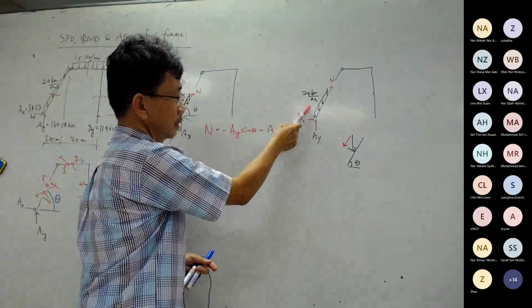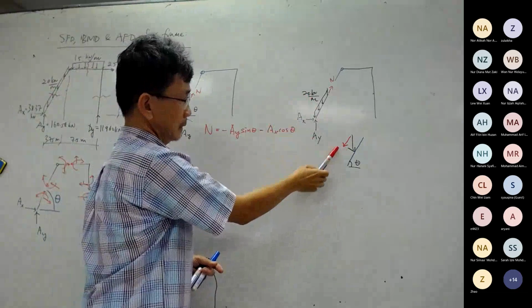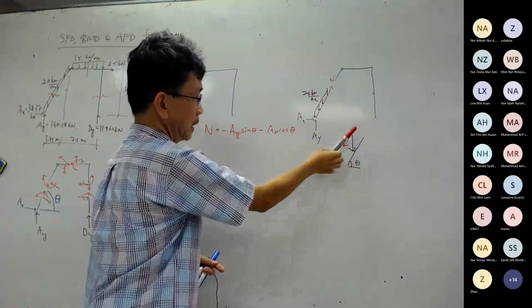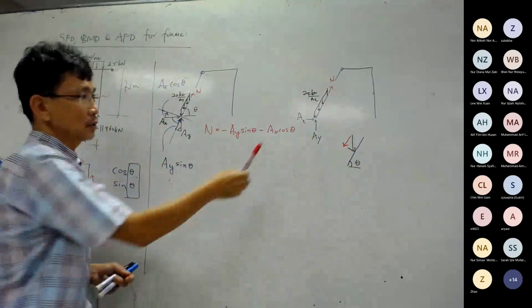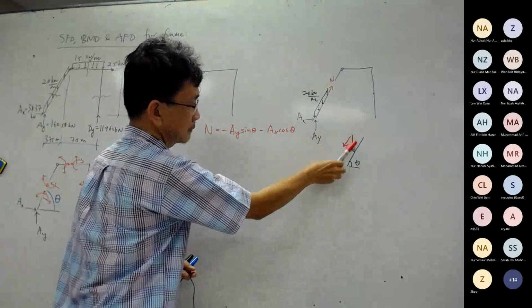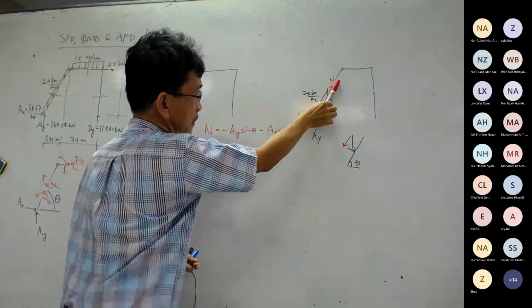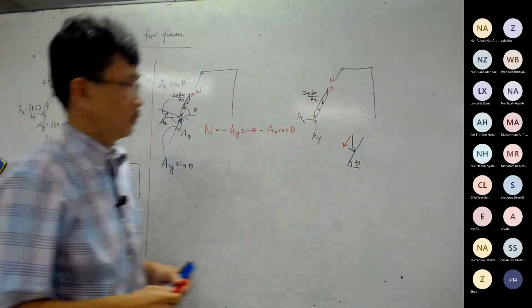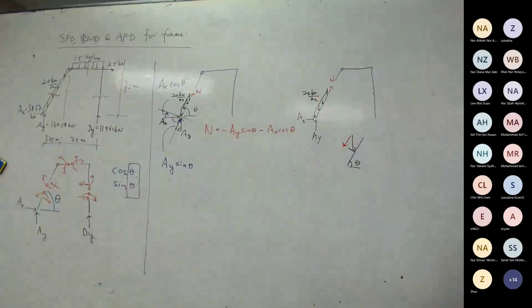This is distributed load 20 kilonewton per meter, but it is in this direction, but the axial force is in that direction. So you need to get the component of this, which is in the same direction of the axial force. Okay. So how to get that? Then you need to go back to the basics here now.